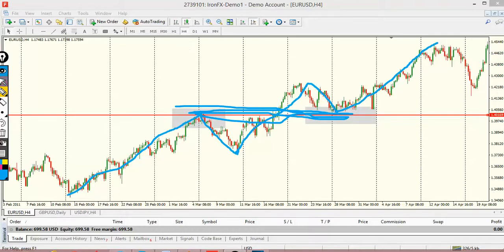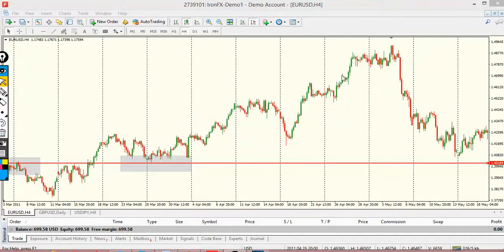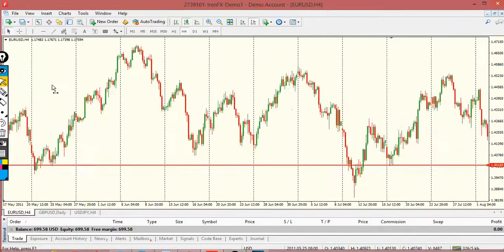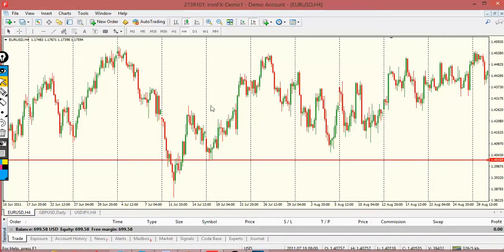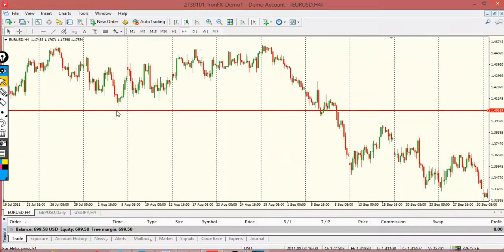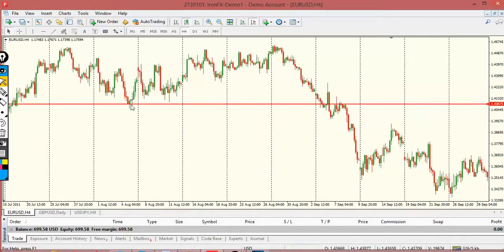Let's do one example for a downtrend. See, the market found support here, then it broke it.